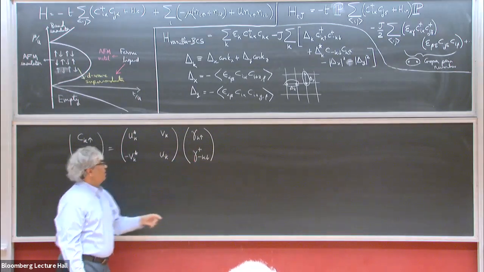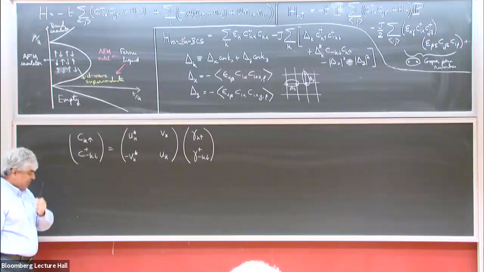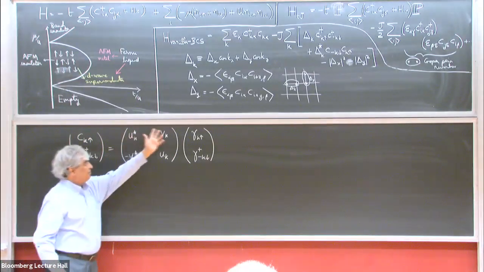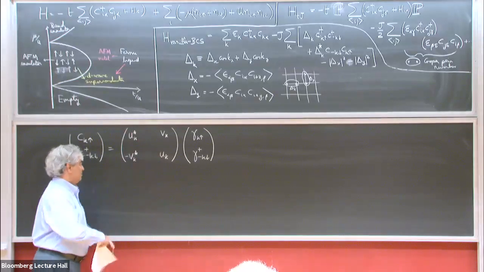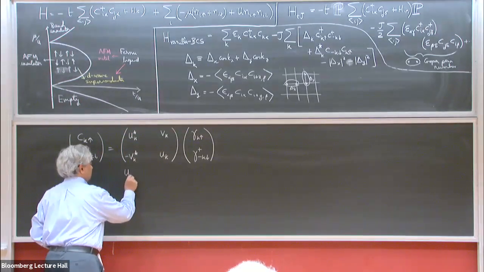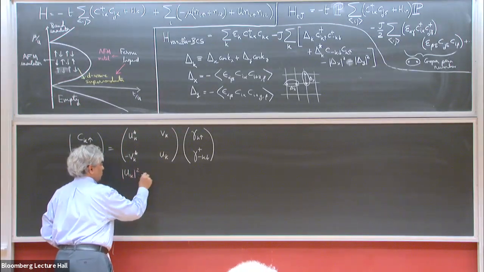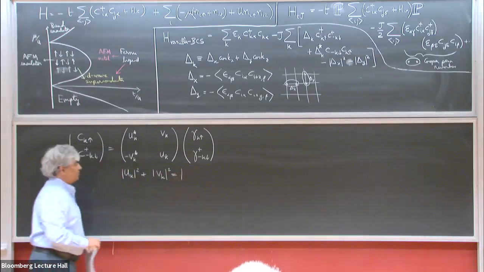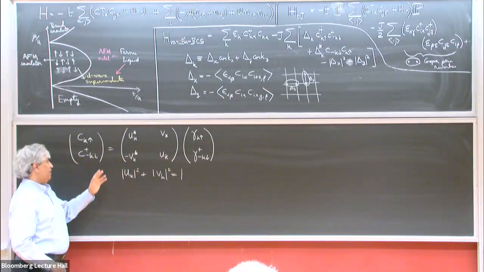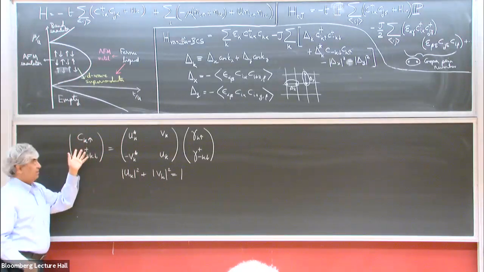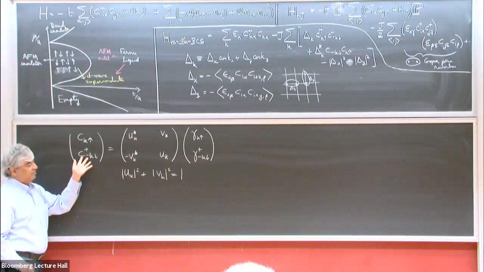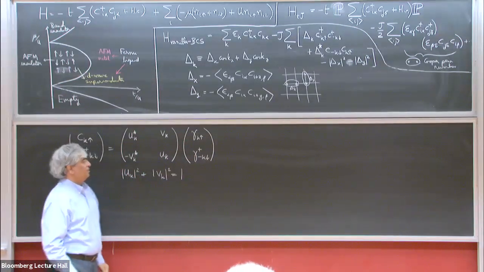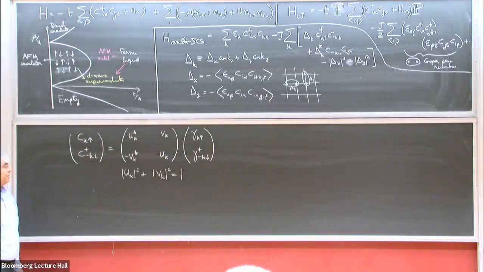And unlike the case for bosons, where it was a bit more subtle, in fact, when you do a unitary transformation, meaning these objects obey the relation |u_k|² + |v_k|² = 1, then you'll find that given the commutation relations of these objects, which are free fermions, the gamma also have the same commutation relations.